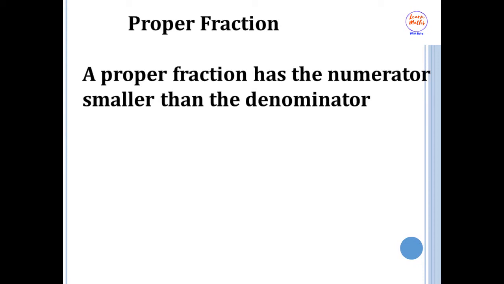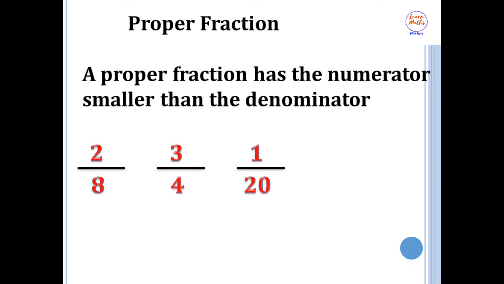Don't forget that your numerator is the number above and your denominator is the number below. So a proper fraction has a smaller numerator and the denominator is bigger. Example, we have 2 over 8. 2 is smaller than 8. 3 over 4. 3 is smaller than 4.